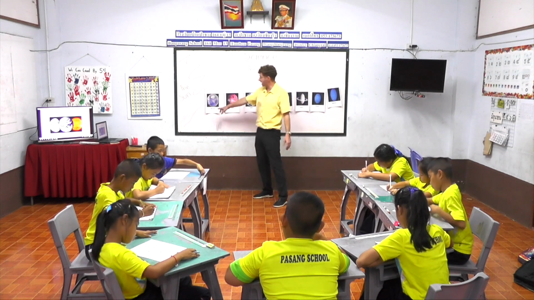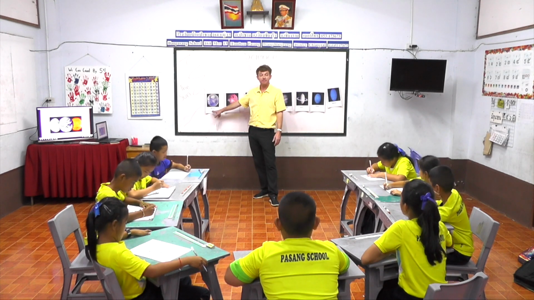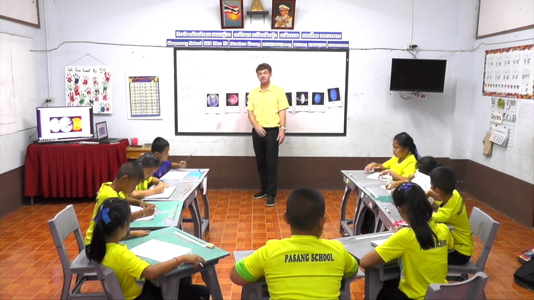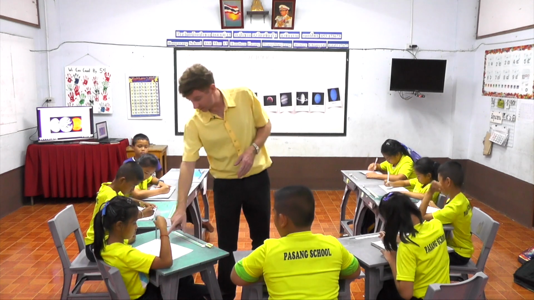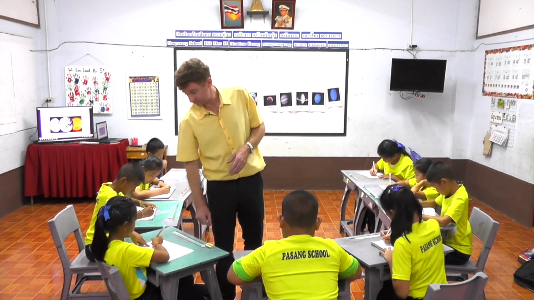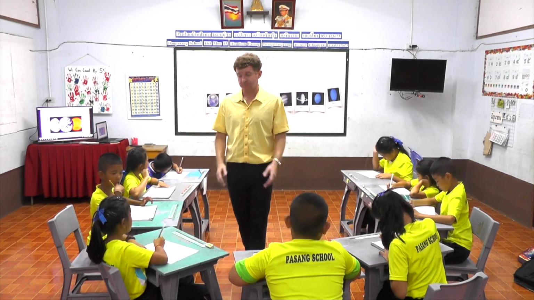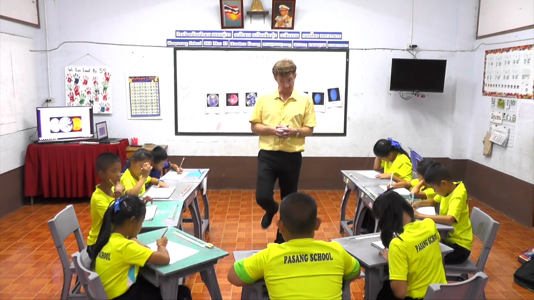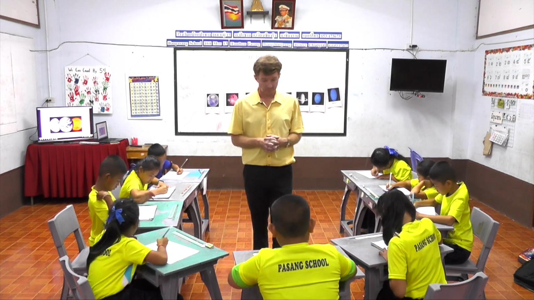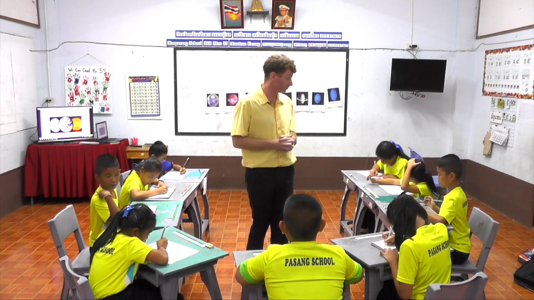So the first planet nearest the sun, guys, will be Mercury. Mercury, yes. So you can see the closest planet to the sun, Mercury. This is the sun, yes. Yes. The sun. We know the sun now. Mercury is the closest planet to the sun.